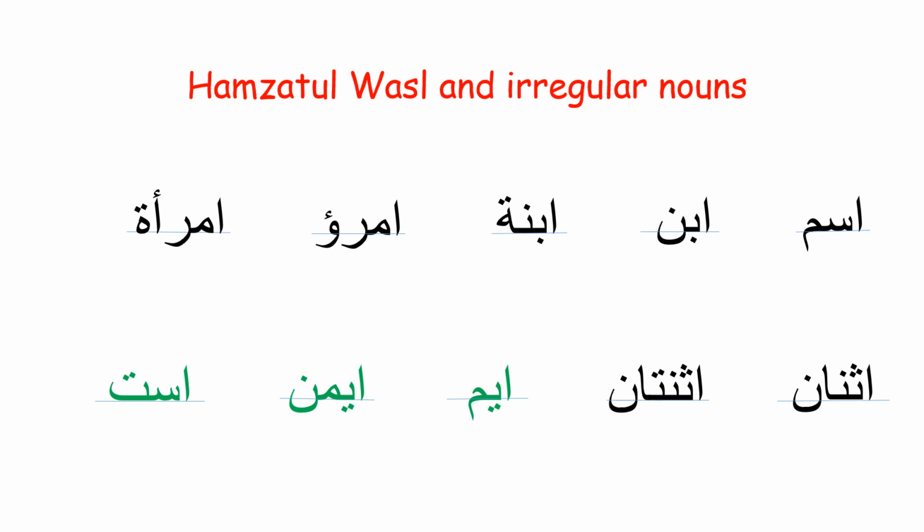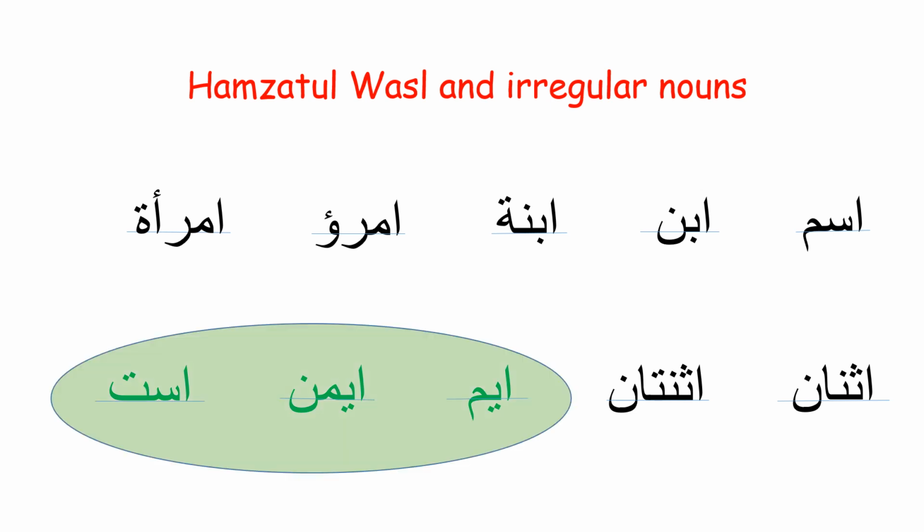Okay, so these are our irregular nouns. As you can see, we have 10 in total, and we are stating the whole 10 just for the record. However, we are only going to focus on 7 of these. The reason why? For the 3 left out, chances are you will never come across them during your whole study of the Arabic language because they are not commonly used.